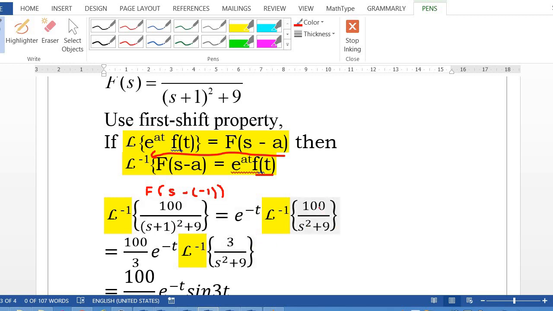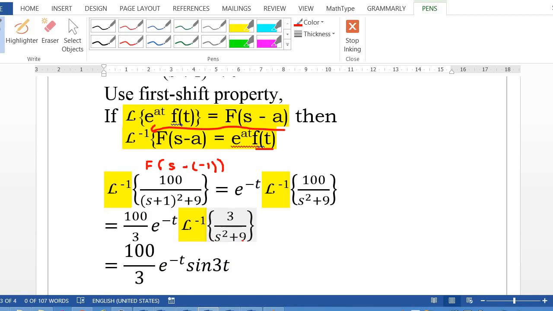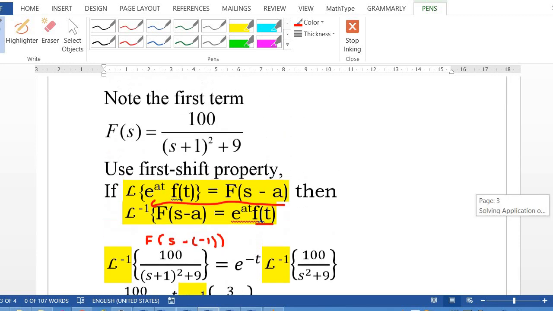You can factor out 100. Then you notice that for s squared plus 9, the numerator must have 3, so that the inverse Laplace of 3 over s squared plus 9 gives sin 3t. So you multiply by 3, you have to divide by 3. That's why the result is 100 over 3 e to the negative t sin 3t, which is here.